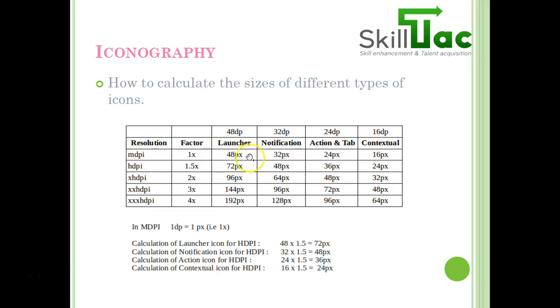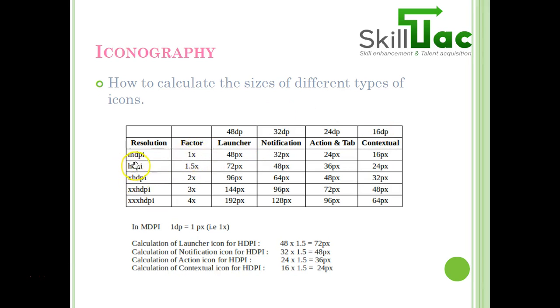According to our table here, the launcher icon is for 48 dp, the minimum size, and the notification icon is for 32 dp. Action and tab is 24 dp, and contextual icons are for 16 dp. That is the minimum size, the 1x factor size.